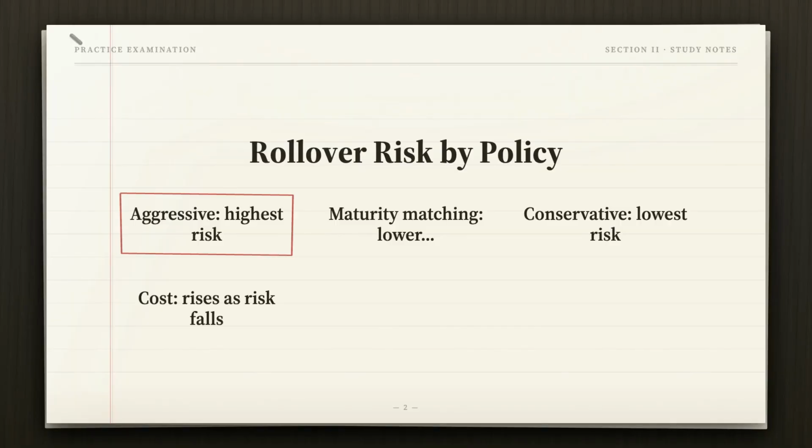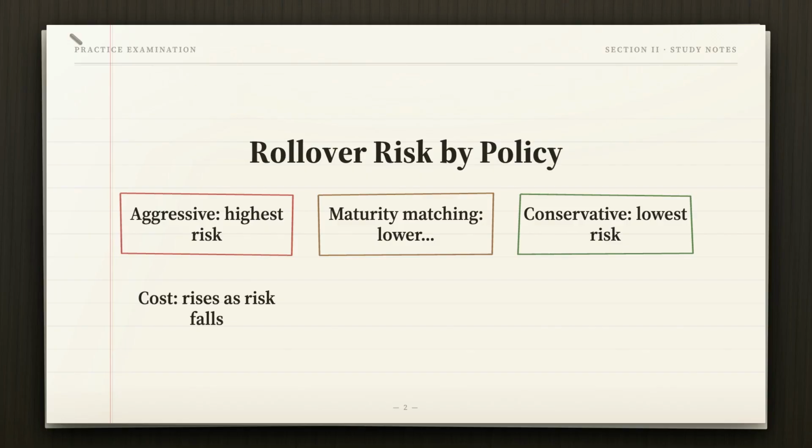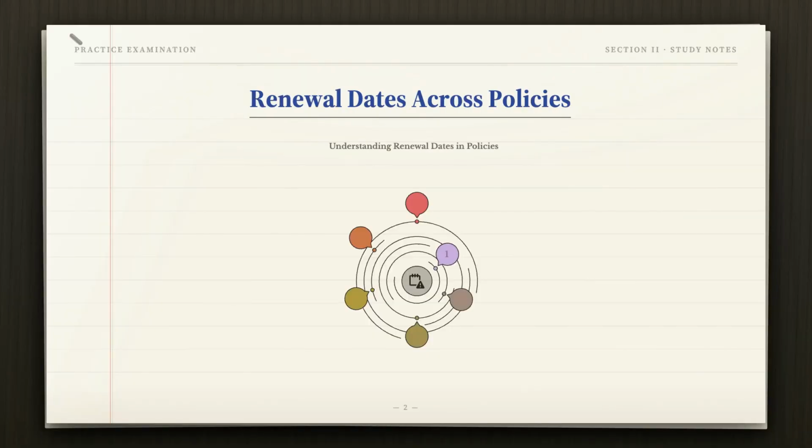The conservative policy, funding even part of the seasonal layer with long-term capital, carries the least rollover risk. Maturity matching, which never funds permanent assets with short-term debt, carries far less risk than the aggressive approach, though both trade higher costs for fewer dangerous renewal dates. Picture the balance sheet.